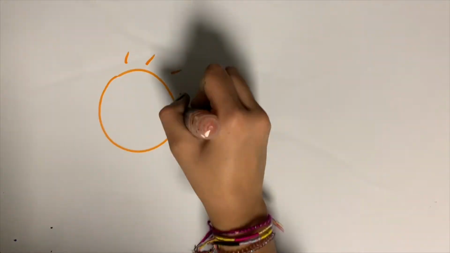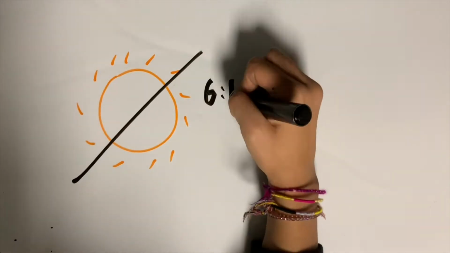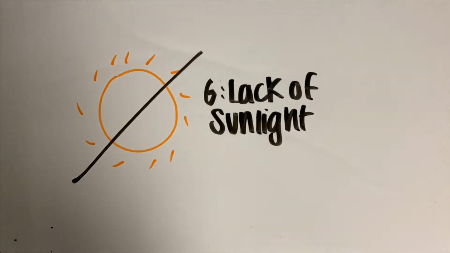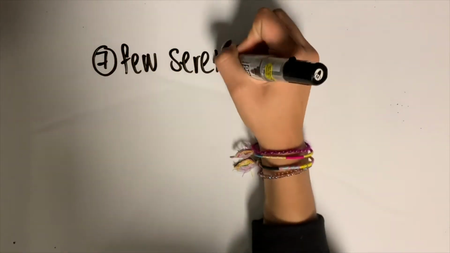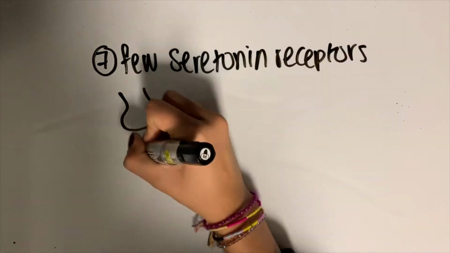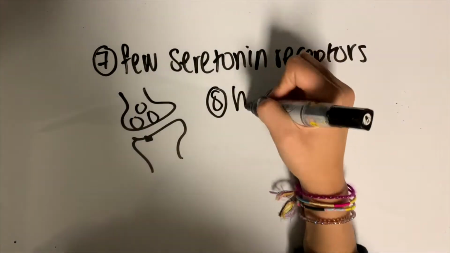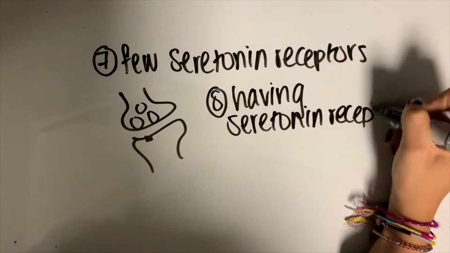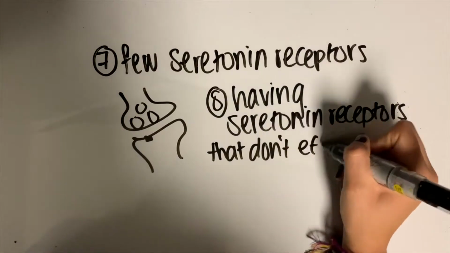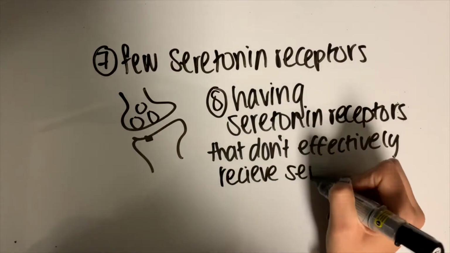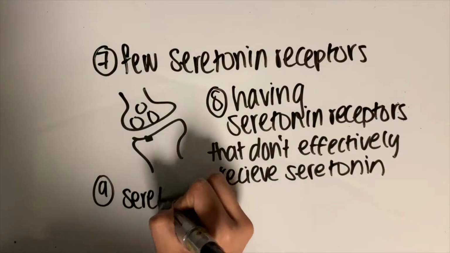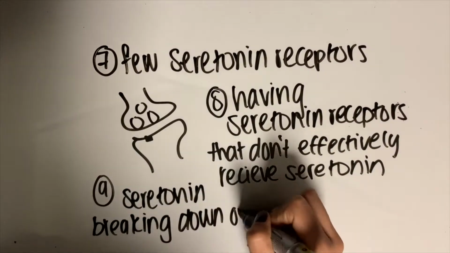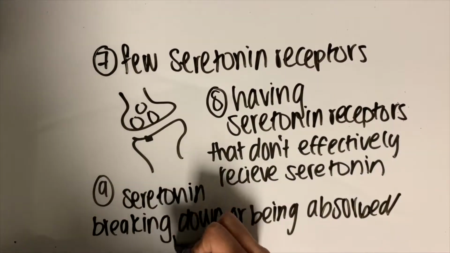Lack of sunlight also contributes to low serotonin levels. Other potential causes include having fewer serotonin receptors, having serotonin receptors that don't effectively receive serotonin, serotonin breaking down or being absorbed too soon, and low levels of tryptophan, vitamin D, vitamin B6, and omega-3 fatty acids, which your body needs in order to produce serotonin.